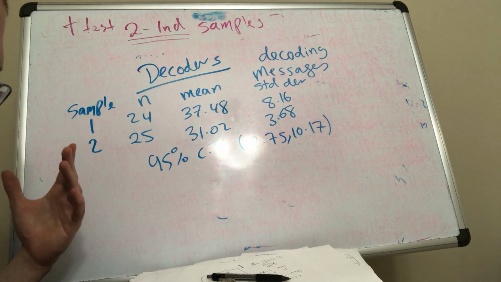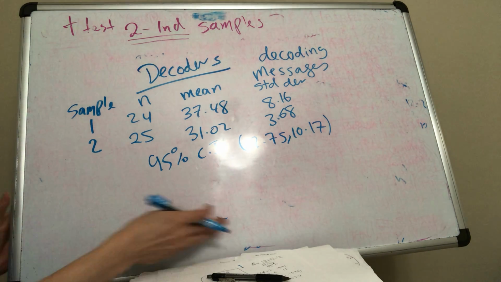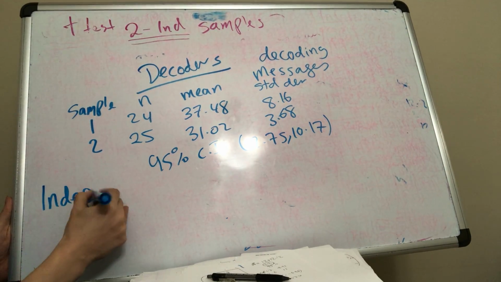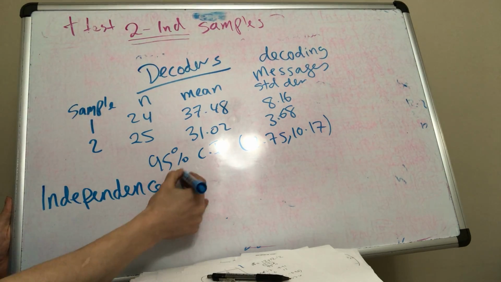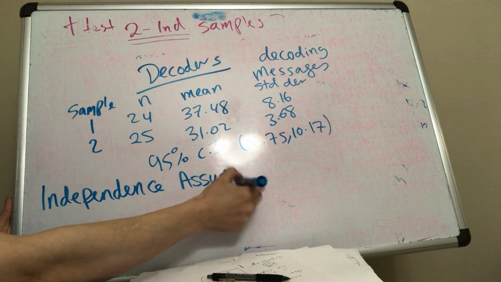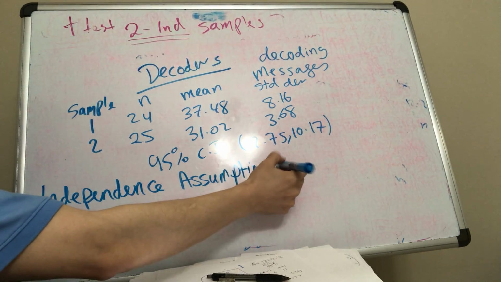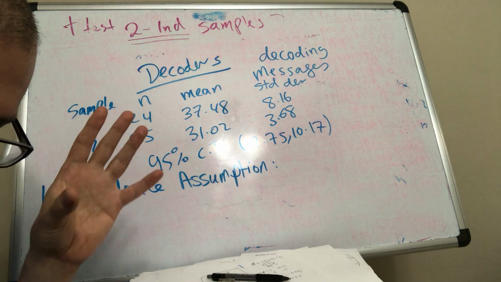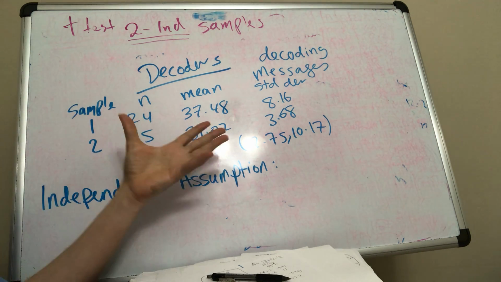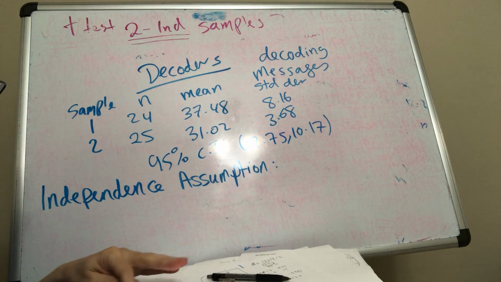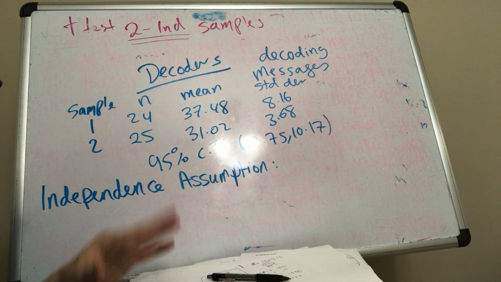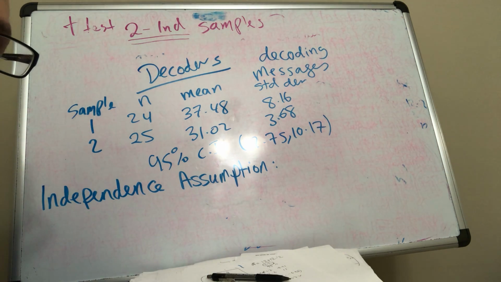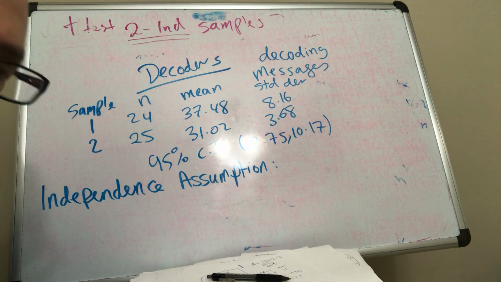Now, the assumptions for this chapter, the first assumption is called the independence assumption. In the actual question, when they tell you that they have a certain number of messages, these messages or this sample must be selected randomly.